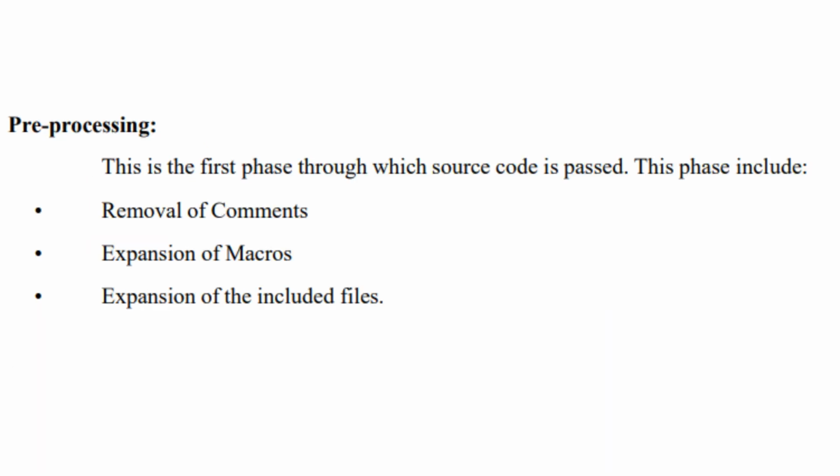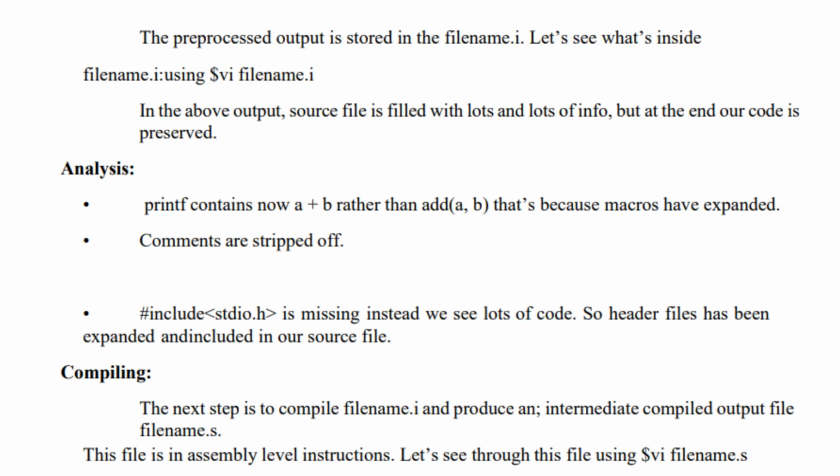Pre-processing. This is the first phase through which source code is passed. This phase includes removal of comments, expansion of macros, and expansion of the included files. The pre-processed output is stored in filename.i. Let's see what's inside filename.i using vi filename.i. In the above output, the source file is filled with lots and lots of info, but at the end our code is preserved.